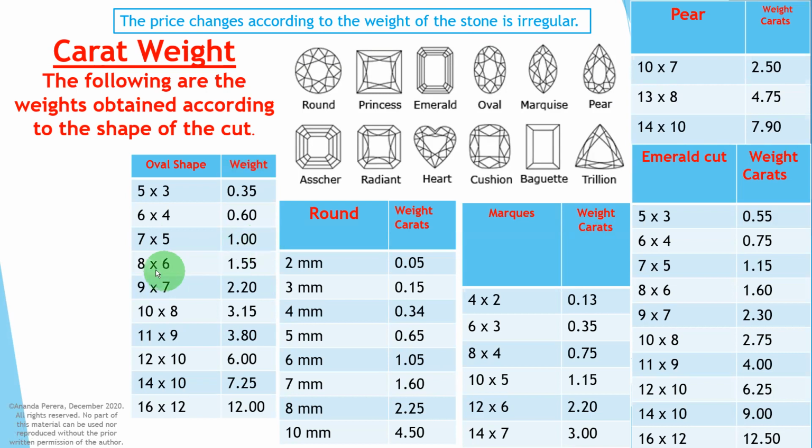This is for sapphire. 8 by 6 means 1.55. 9 by 7 is 2.20 carats. 10 by 8, 3.50. 11 by 9, 3.80. 12 by 10, 6. 14 by 10, 7.25 carats. 16 by 12 means 12 carats. You need to remember these values to buy the rough stones.